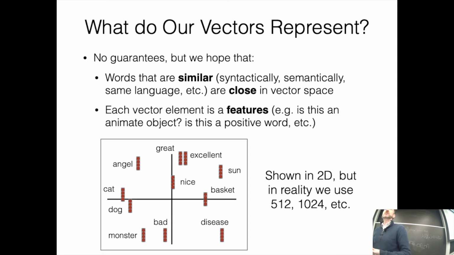Just to give an example, this is totally made up. I just made it in Keynote, so it's not an actual vector space. But to illustrate the concept, what if we had a 2-dimensional vector space, where the x-axis corresponds to whether it's animate or not, and the y-axis corresponds to whether it has positive sentiment or not. This is kind of our ideal goal here.